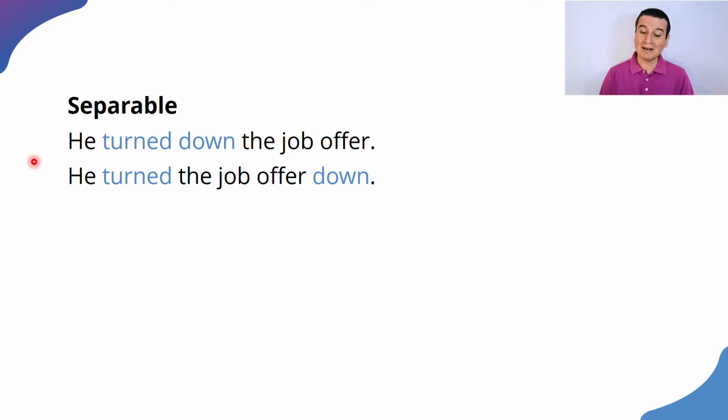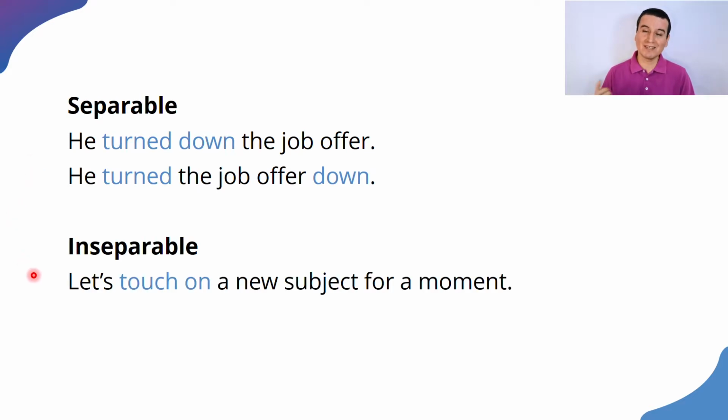This example here, for instance, can be used to illustrate separable phrasal verbs because we can separate the two units, turn and down, by including the object in between them. For example, we can change this safely from he turned down the job offer, which means he rejected the job offer.